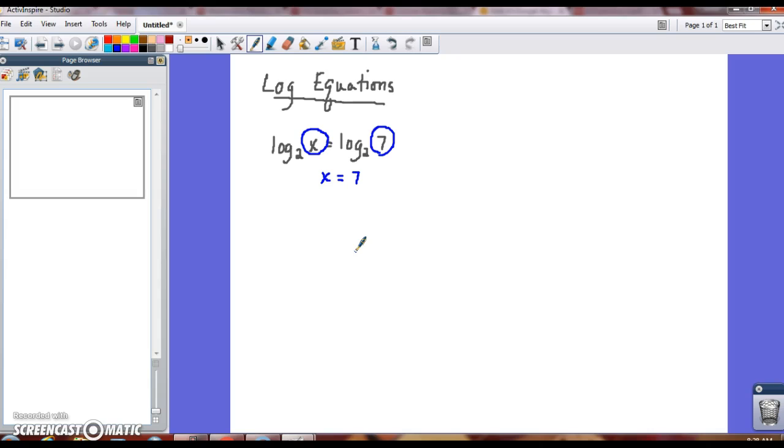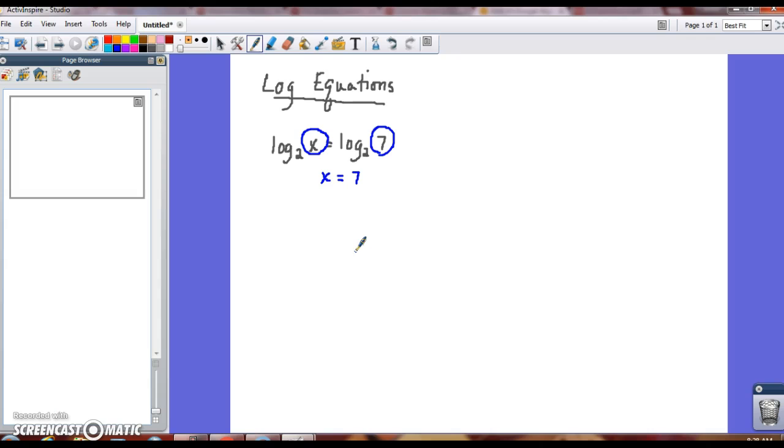We're going to use the properties that we talked about the other day, lots of different strategies to solving all of these different types of equations. So make sure you have some paper and pencil and your calculator. You're going to need to take some notes on this, so if you need to pause the video, go ahead and get yourself ready to go.